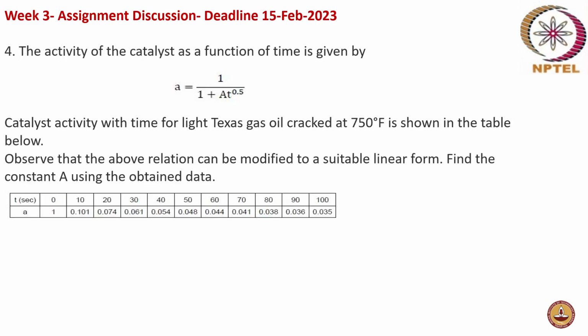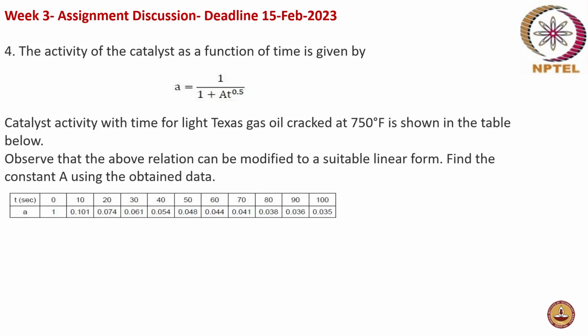Now, the next question, the fourth question, which was a problem-based question. The activity of the catalyst as a function of time is given by A is equal to 1 by 1 plus a t power 0.5. The catalyst activity with time for light gas oil cracked at 750 degree Fahrenheit is shown in the table below. They have given time versus activity data.